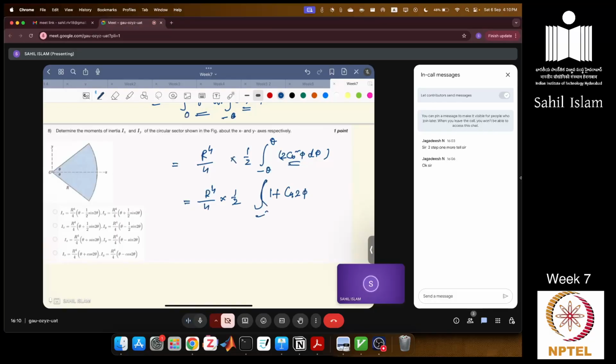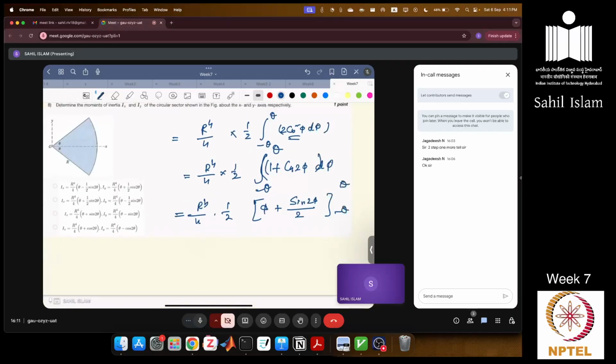So this is the integral from minus theta to theta, r to the power 4 by 4 times half of phi plus sin 2 phi by 2, evaluated from minus theta to theta.